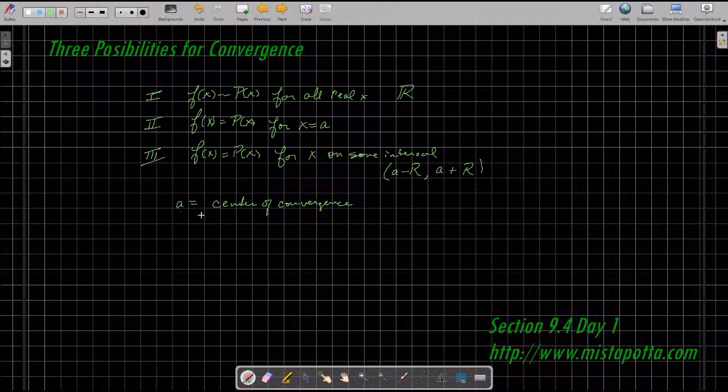R is what we call our radius of convergence. And this whole interval from a minus r to a plus r is our interval of convergence.